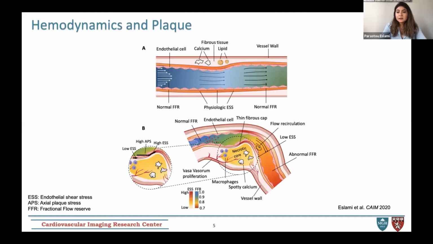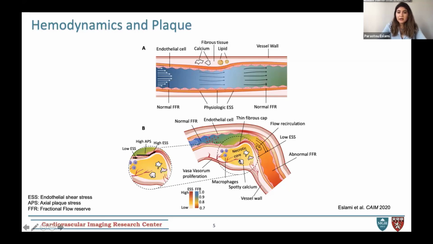Now, there are other hemodynamic factors that can be solved, as I mentioned, through CFD. One of them is endothelial shear stress, or ESS, which is a tangential frictional force against the wall imposed by the hemodynamics. Here on the top, I'm showing you an undisturbed flow, looking at normal FFR and physiological shear stress.